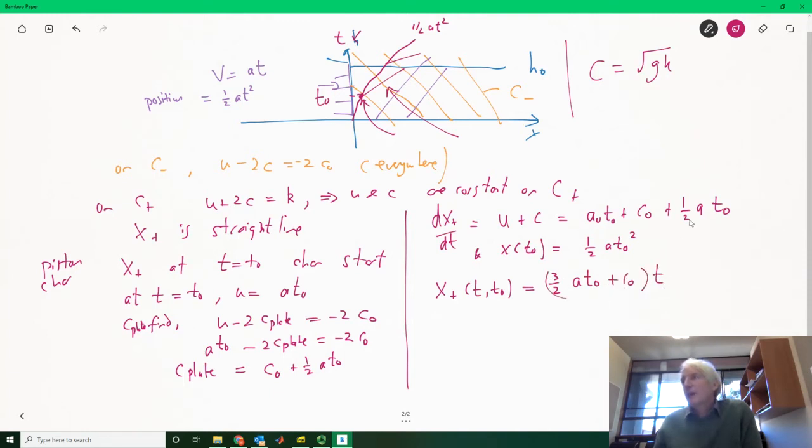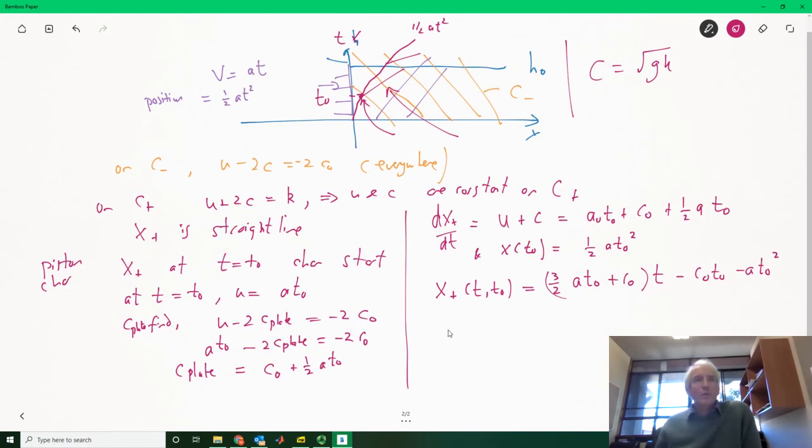So I just take that and multiply it by t, and then I've got a minus c naught t naught, this is minus a constant, minus a t naught squared. So when t is equal to t naught, I do indeed get a half a t naught squared. Alright, so that's the equation of the characteristics that come off.